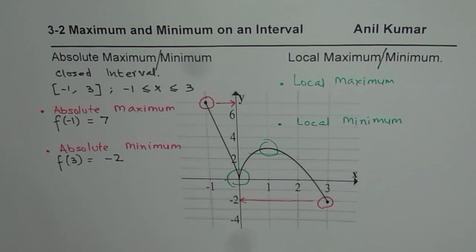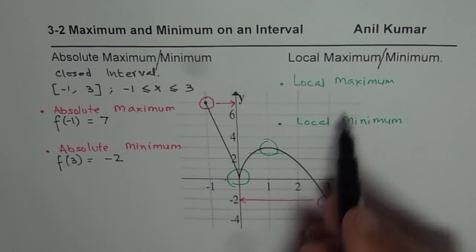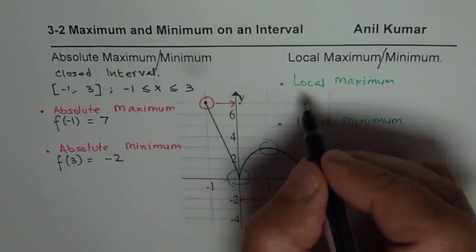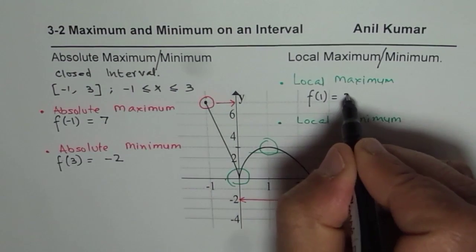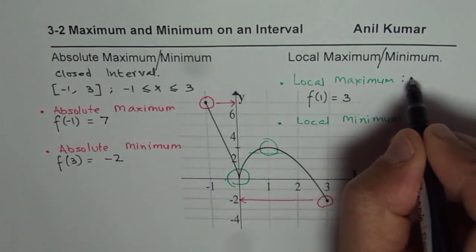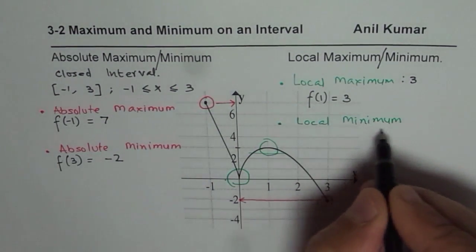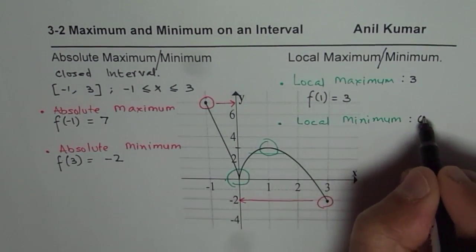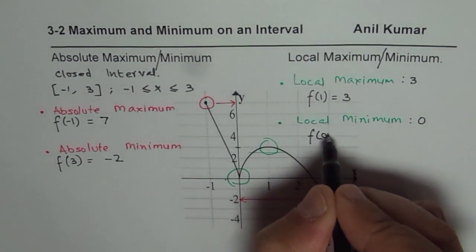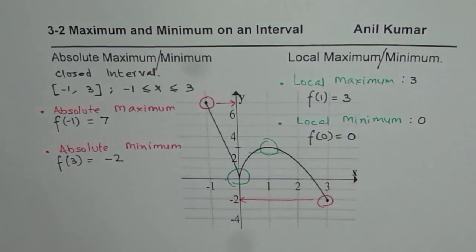So the answer for us in this case will be local maximum is at 1. So f of 1 is equal to 3, and so the local maximum value is 3, and the local minimum value is right there at the origin. It is 0, f of 0 equals 0, right?